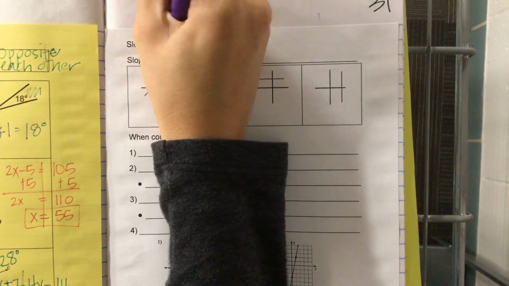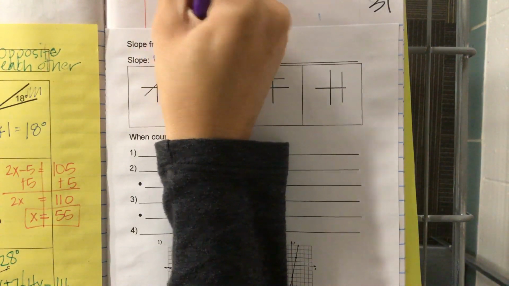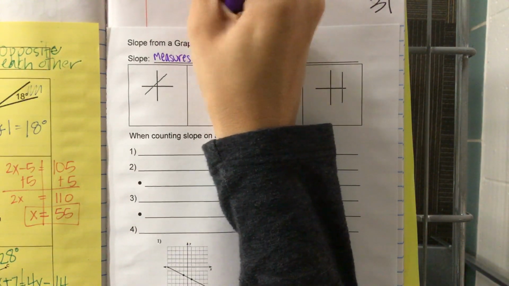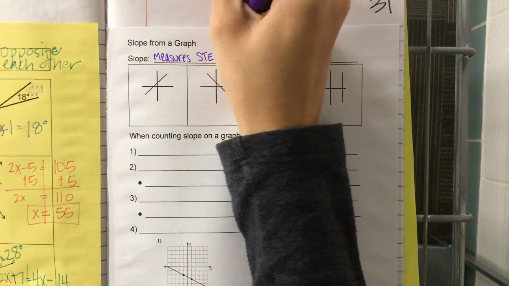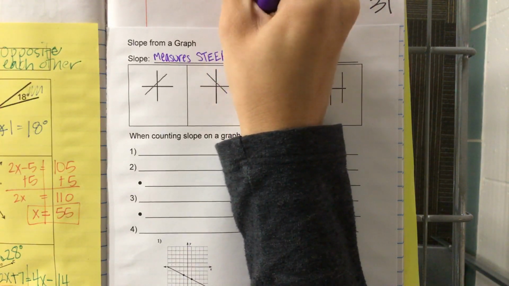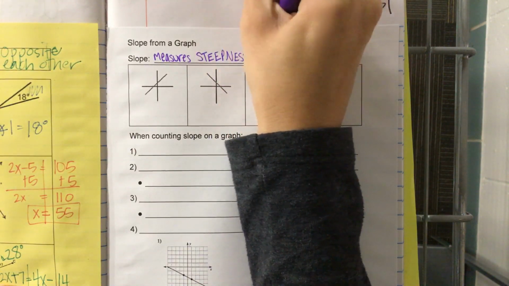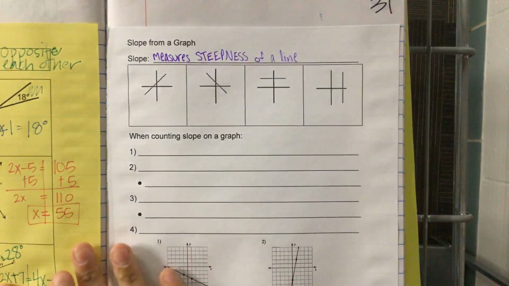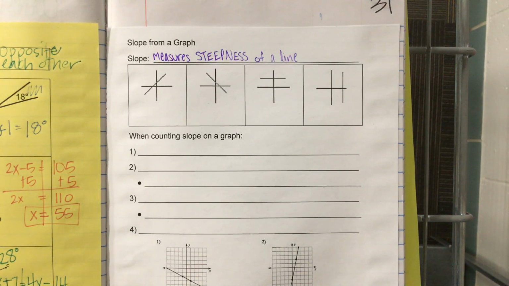Slope measures how steep a line is. So if you imagine yourself riding your bike, and we're going to go from left to right because that's how we read and that's just what makes most sense.